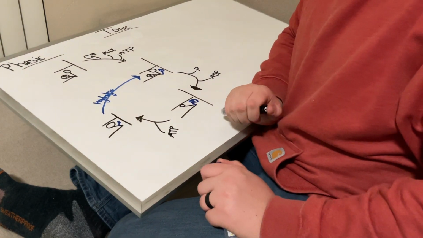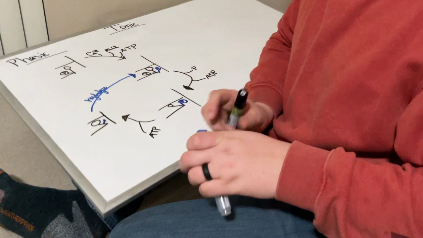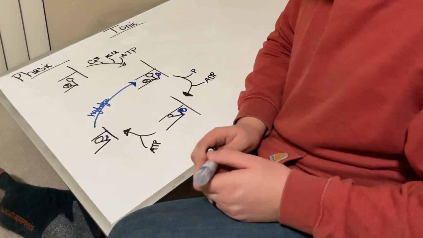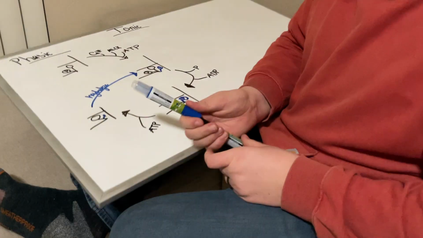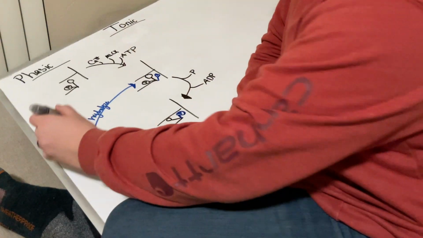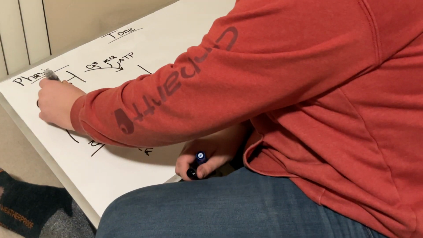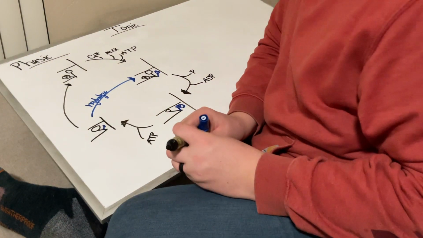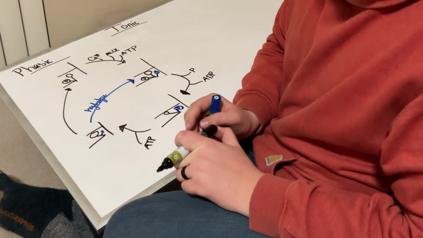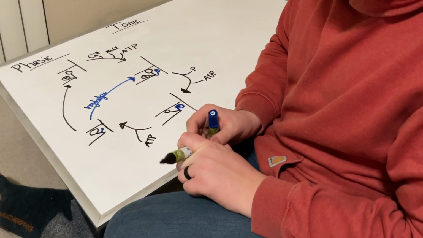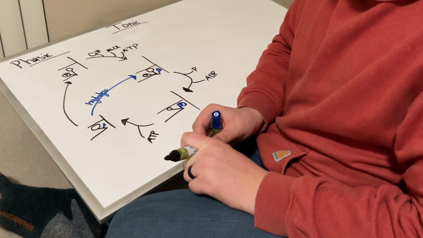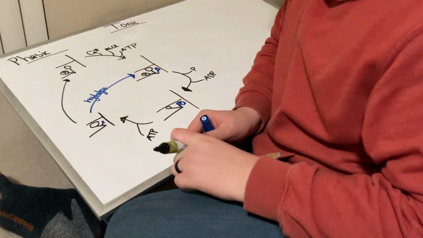Something that will regulate, we'll talk about MLCK and the other ones here in a second. But to be able to go back to our starting phase there, we'll activate this molecule called MLCP.